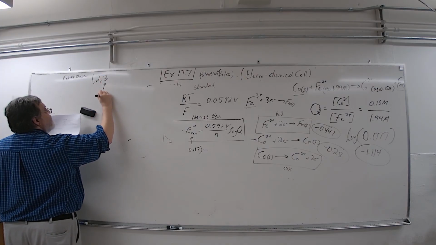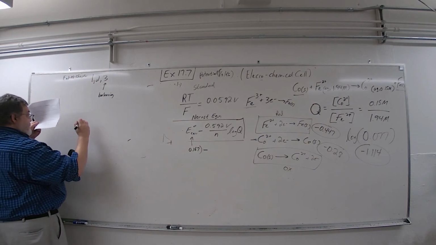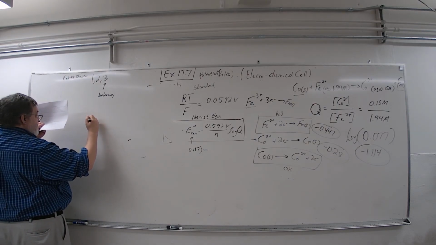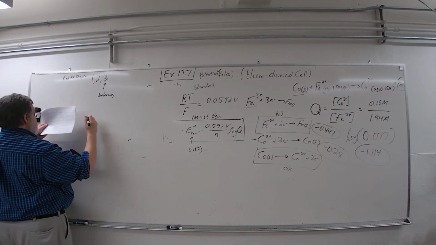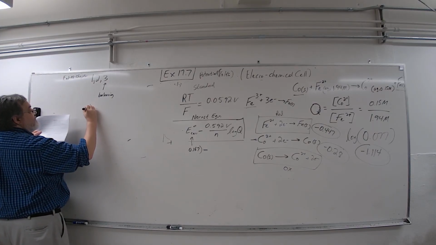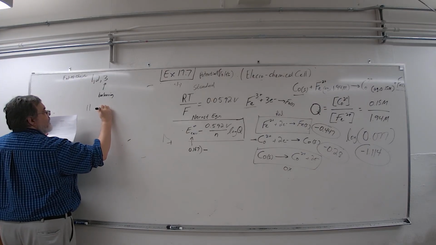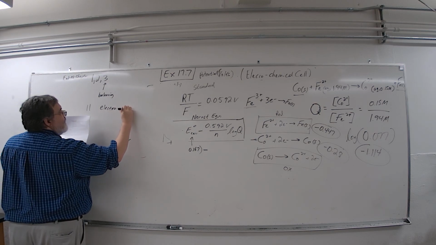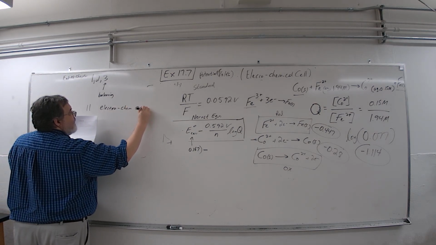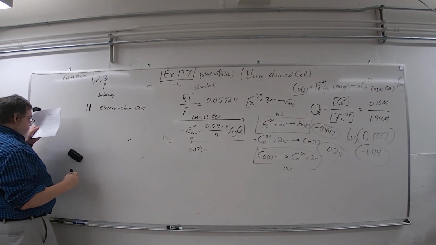3 is balancing. Also we get 11. So look at 11 on electrochemical cells.